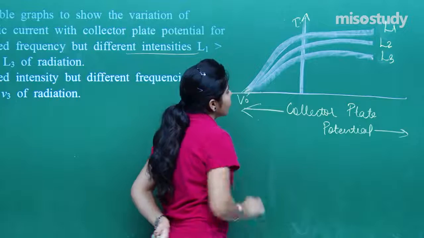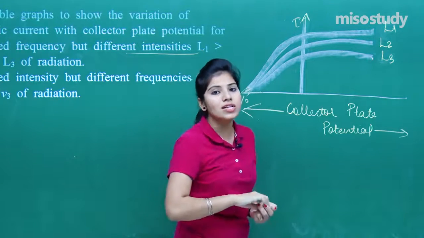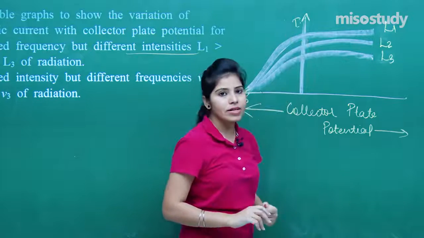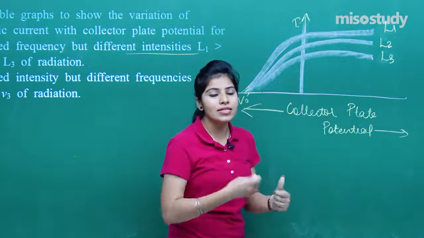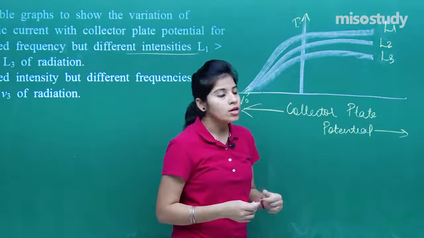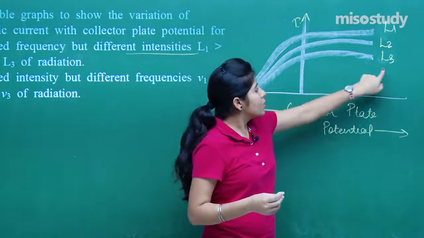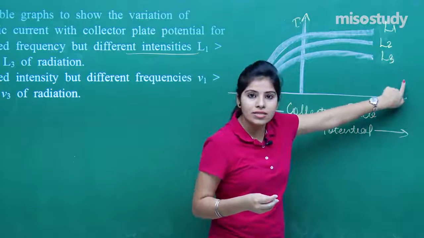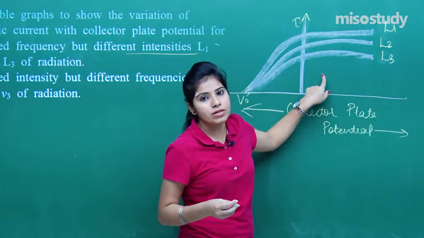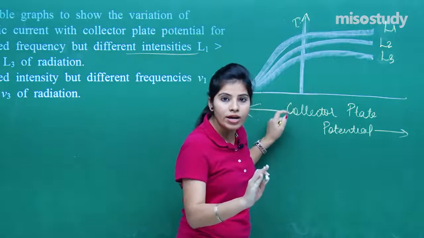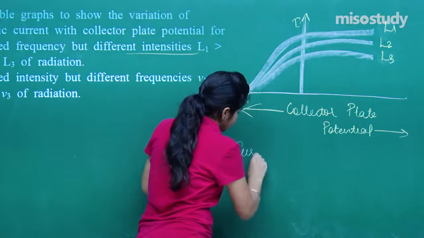Now see, the trick that I want to tell you. When you have to plot a graph between I and the collector plate potential and different intensities have been given, you have to understand that different intensities mean different current. How do we denote the current?